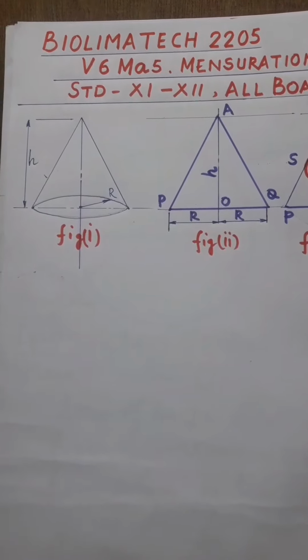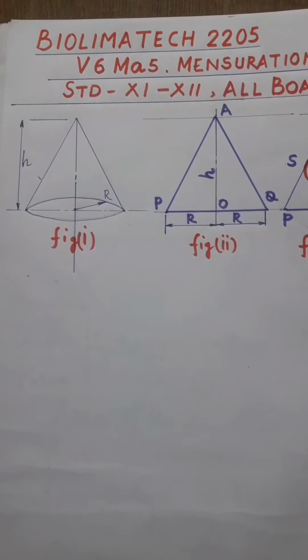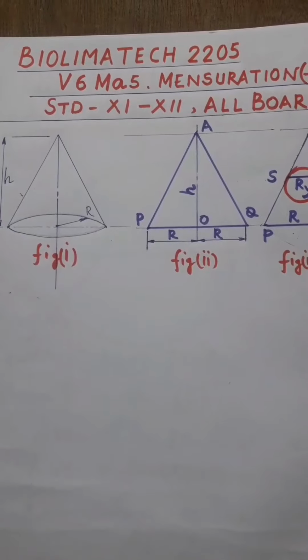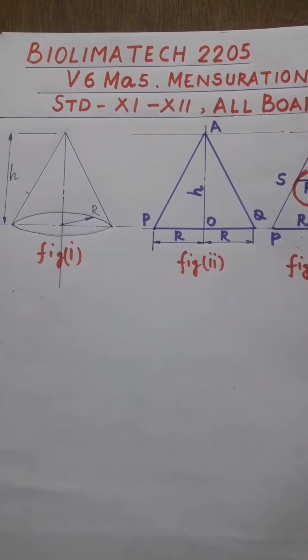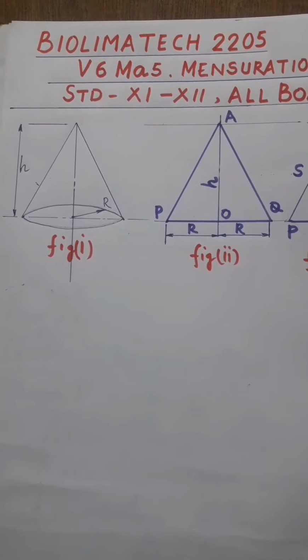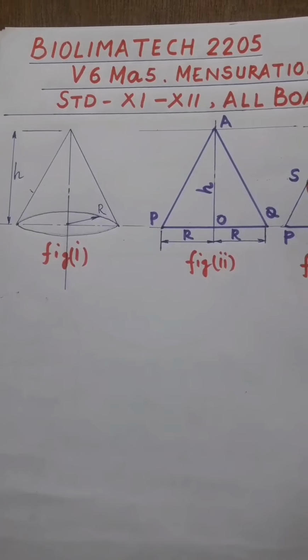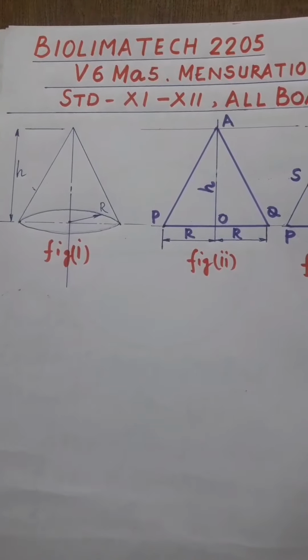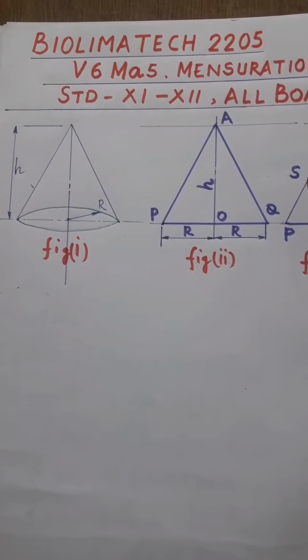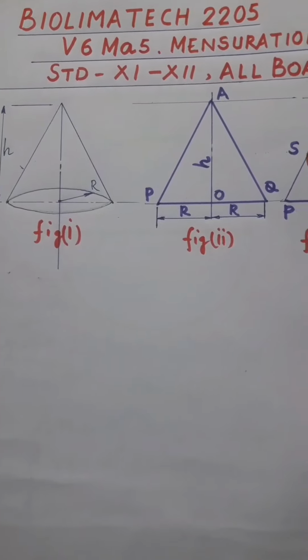So, in order to re-establish the equation cone volume equals 1/3 pi r square h using no calculus, we have in figure 1 shown a right circular cone with base radius of r and vertical height h in three-dimensional view.